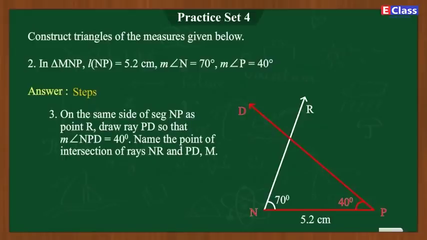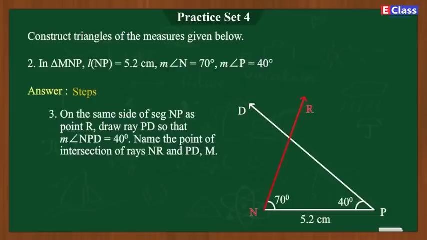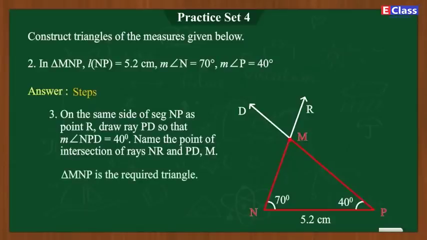Name the point of intersection of rays NR and PD as M. Triangle MNP is the required triangle.